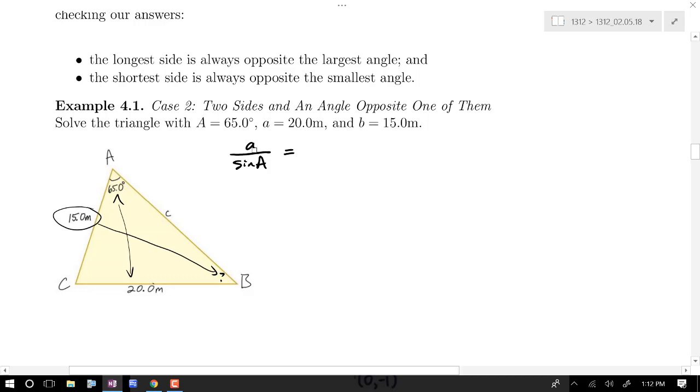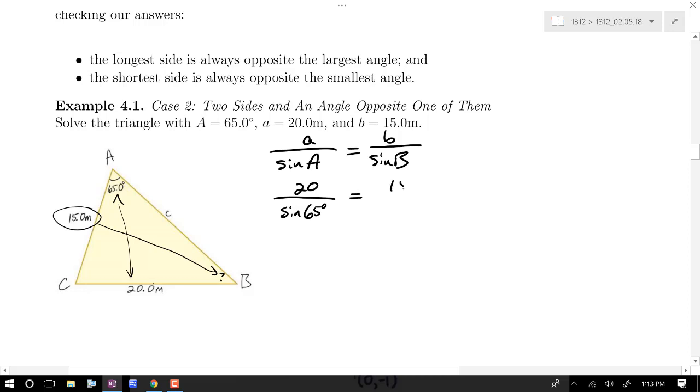So let me move this over so I have a little more space. a over sine A is equal to b over sine B. Now we'll plug in the stuff we know: 20 over sine 65 is equal to 15 over sine B. What we will do first is solve this equation for sine of B. We'll worry about finding B after, but if I can get sine of B by itself, we'll be in pretty good shape.